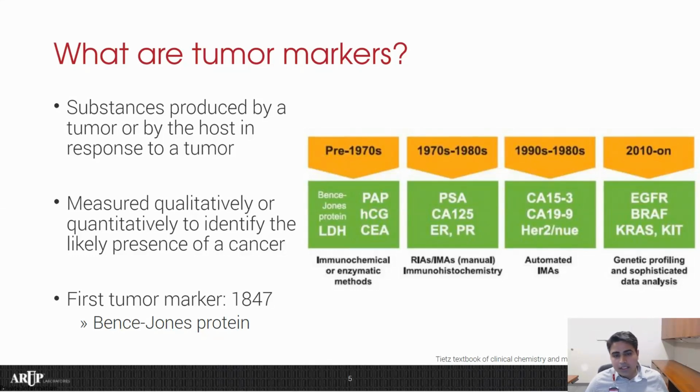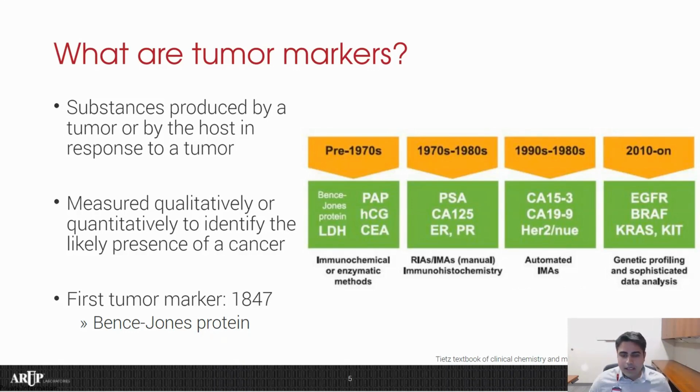In the decade that followed, which is the 80s to 90s, newer markers emerged, such as CA15-3, CA19-9, and HER2. And at this point, assays for measuring these biomarkers also underwent evolution and update. So these assays at this point were automated immunoassays.